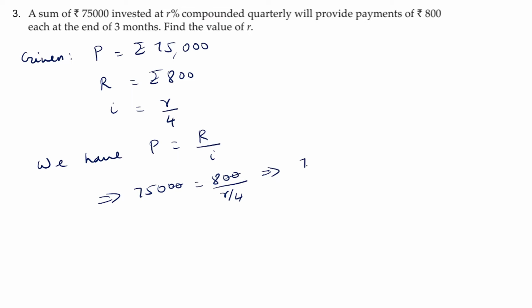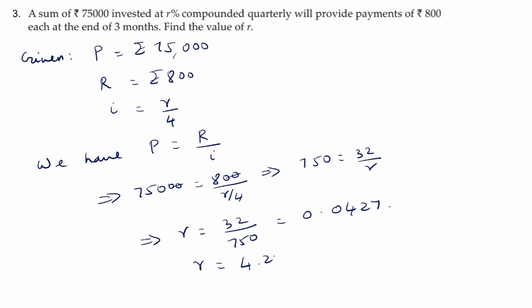So we have 750 is equal to 32 by R, or R is equal to 32 upon 750. It is equal to 0.0427. So R is 0.0427 or it is 4.27%. Therefore, R is equal to 4.27%.